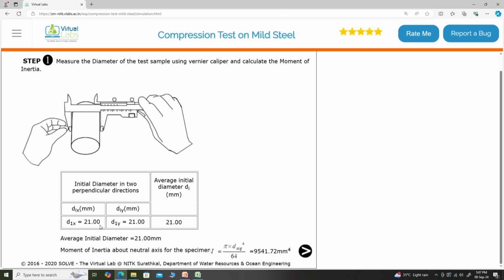DIX, DIY is 21 millimeters, and the average is again 21 millimeters. Then moment of inertia about the neutral axis of the specimen, I equals pi d average to the power 4 by 64, which is 9541.72 millimeter to the 4th.